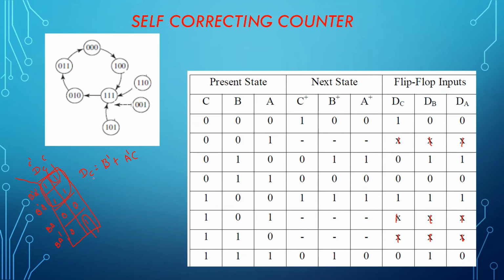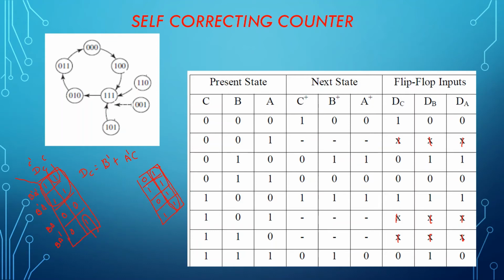You can write it for DB right now. So if you write it for DB, I'll try writing down here. So if you write it here, 0, 1, 1 and 0. After that it is 1, 1, 1 and 1. So what you can do is, you can find a quad here.